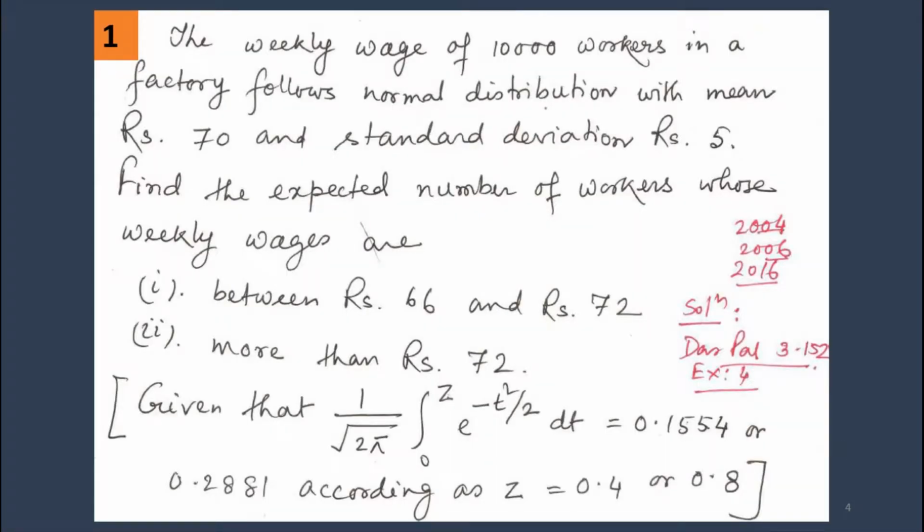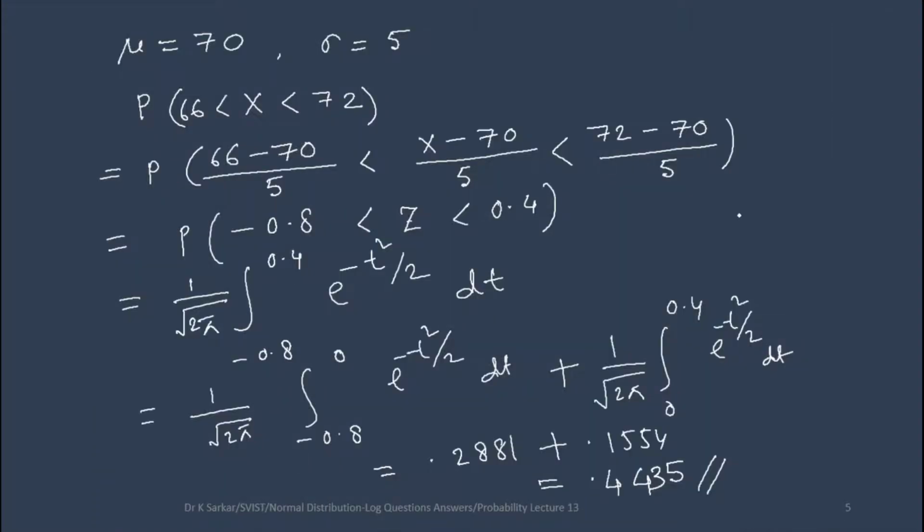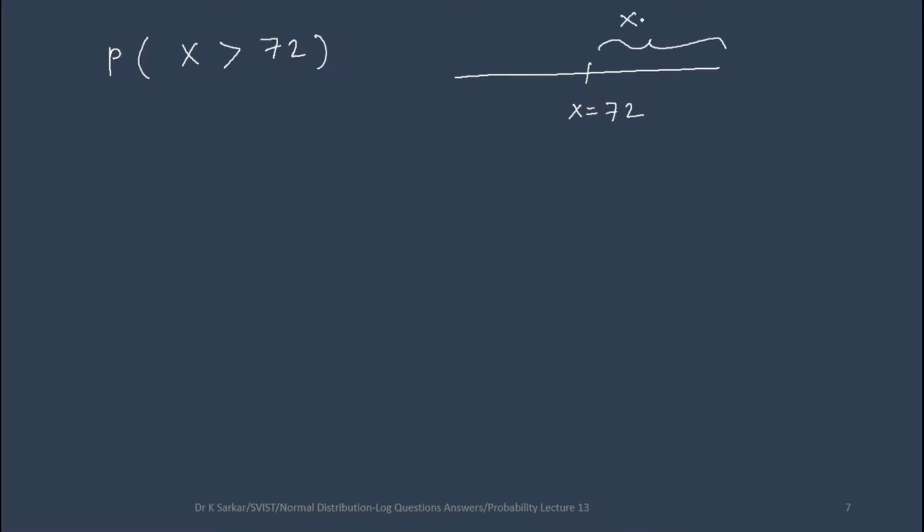Second question. Find the expected number of workers whose weekly wages are more than rupees 72. So we have to find probability for x greater than 72. We can understand by the number line, if this is x equals to 72, then the right part is x greater than 72 and the left part is x less than or equal to 72.